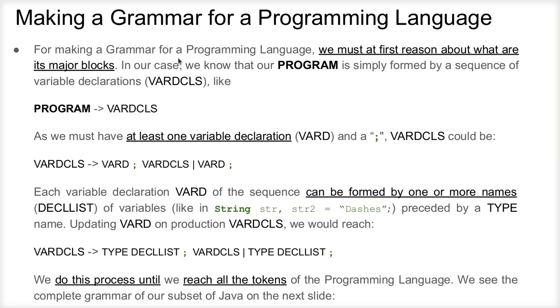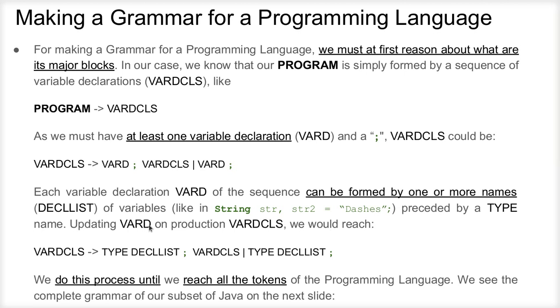So for making a grammar for a programming language, we must at first reason about what are its major blocks. In our case, we know that our program is simply formed by a sequence of variable declarations like this. And as we must have at least one variable declaration and a semicolon, var declarations could be like this. So each variable declaration of the sequence can be formed by one or more names, a list of declarations of variables, like in string str, str2 equals dashes, preceded by a type name.